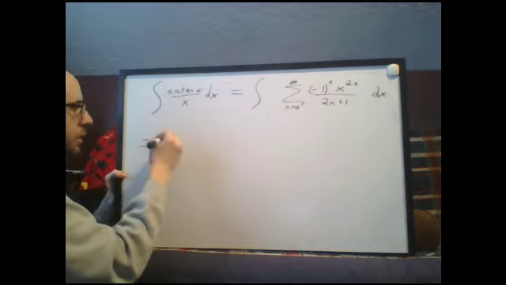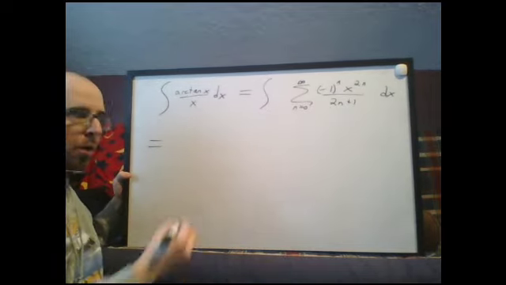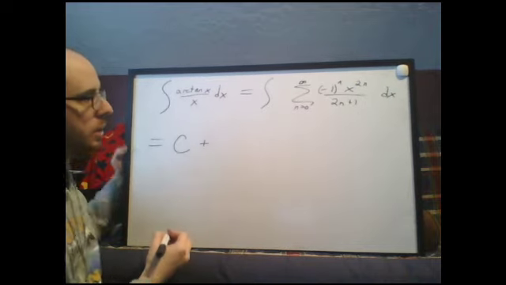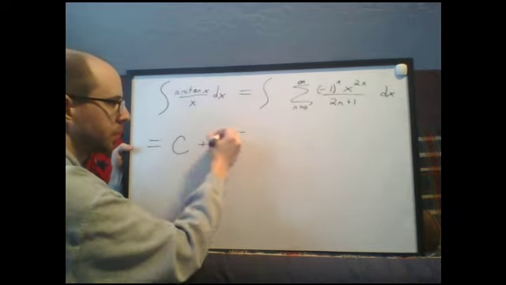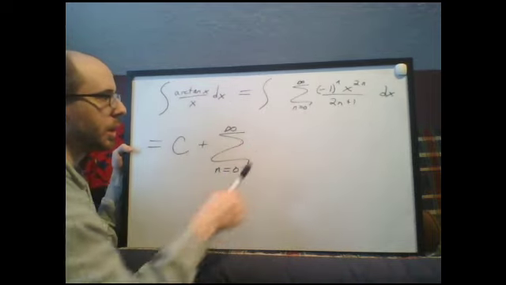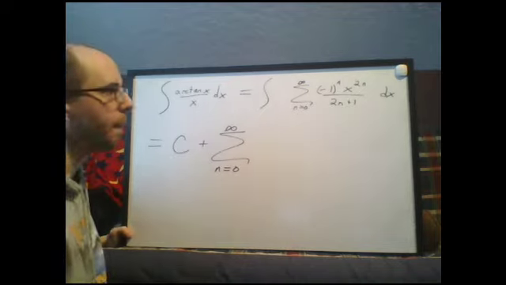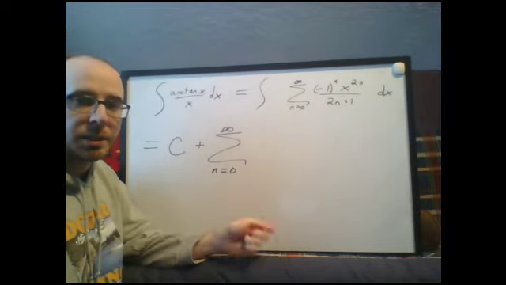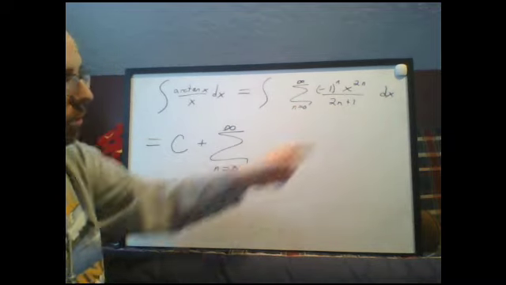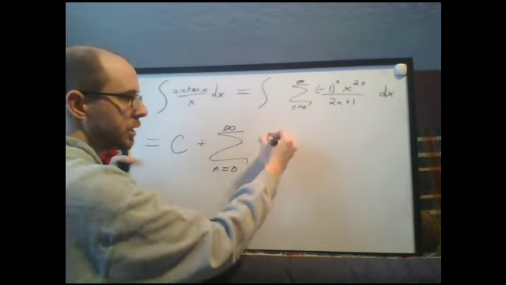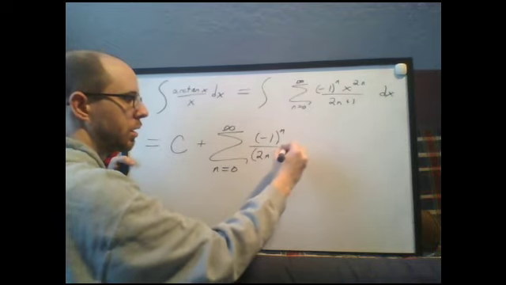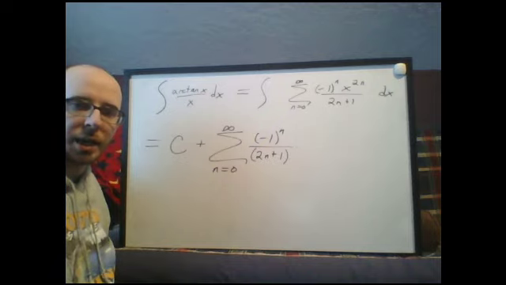This equals, integrate a power series, start with the constant, so c plus, then you'll have a summation with the same starting n value. Everything that doesn't involve x is just a constant coefficient. So negative 1 to the n divided by 2n plus 1. That's just a coefficient, so write that first. Then integrate that power function.